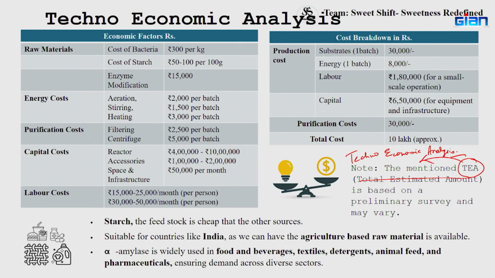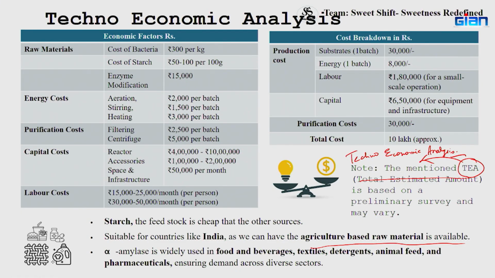And the total cost, which is actual, if you write a proposal for a small one-batch proposal, it can cost 10 lakh. For a country like India, as I said, we have a huge amount of agriculture-based residues available, through which we can generate this alpha amylase protein.